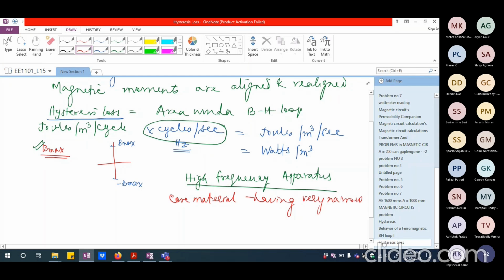If it has a narrow BH loop, then the area under the curve will be small, which means I'm going to definitely get less hysteresis loss from this kind of core material.